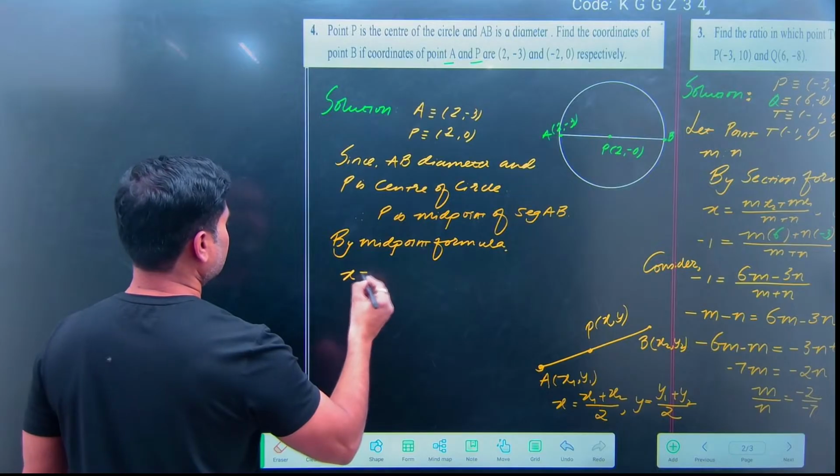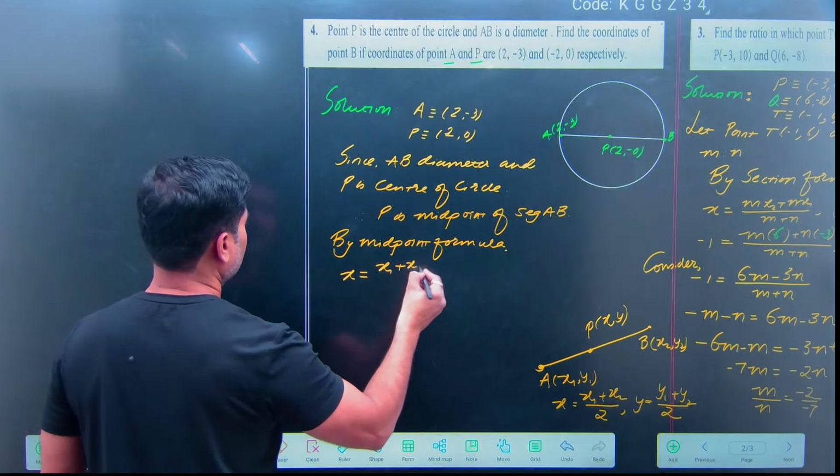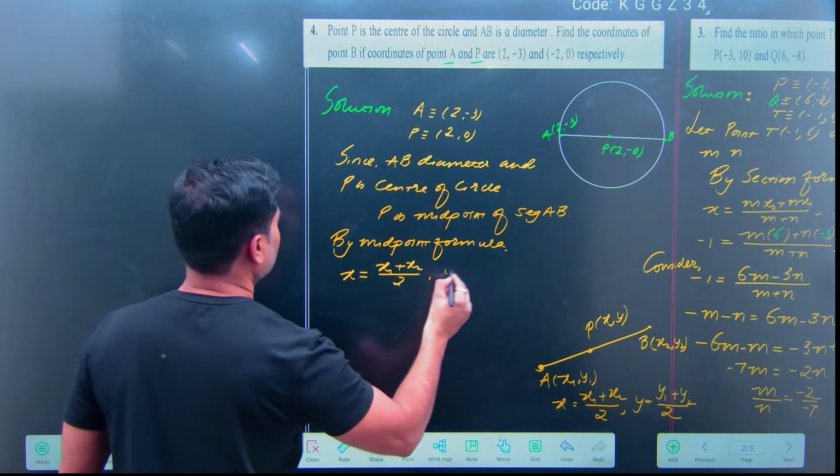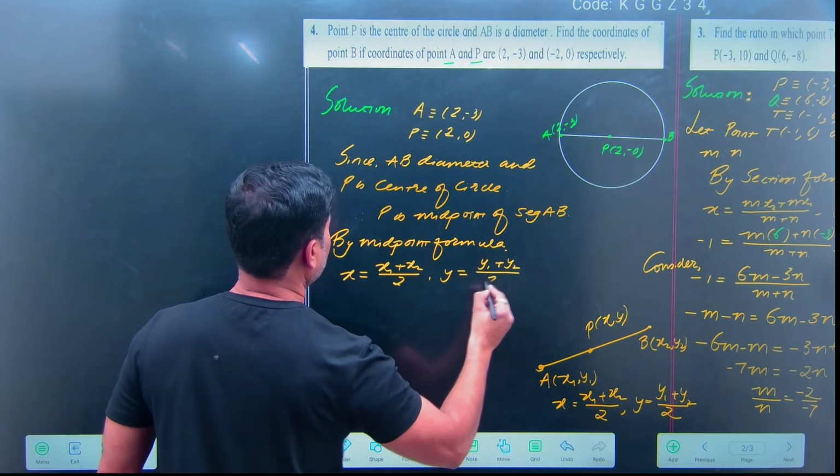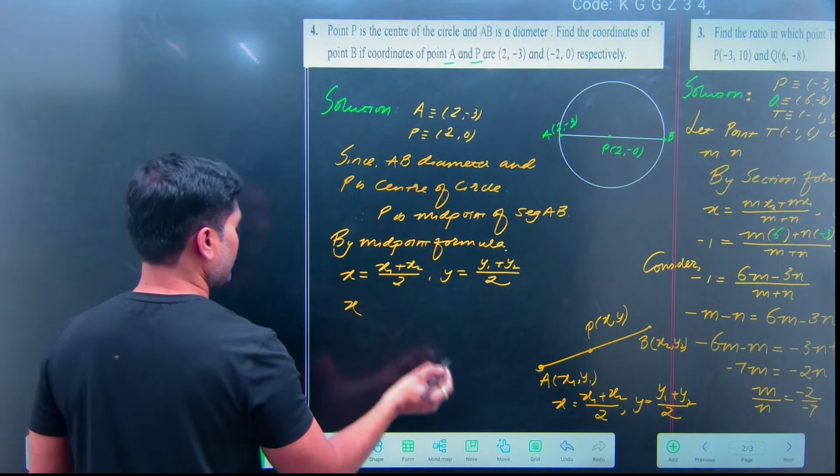So x is equal to x1 plus x2 that upon 2 and y is equal to y1 plus y2 that upon 2.